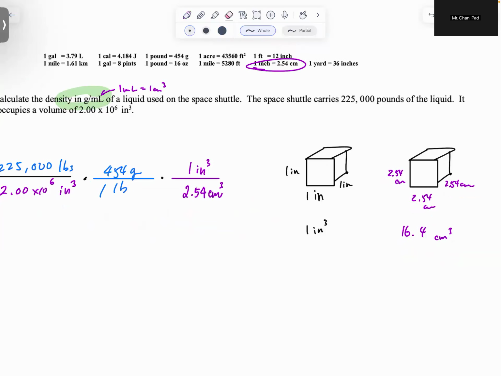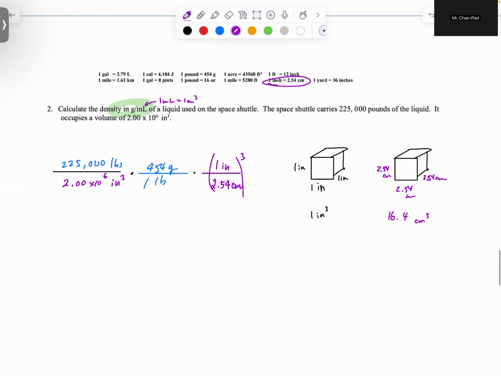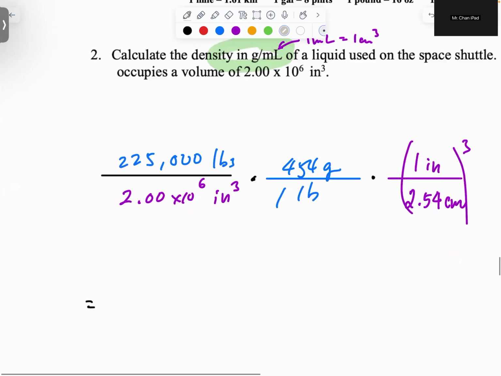So what's a better way to address this? You can simply do this. Just draw a gigantic pair of parentheses and cube it. And then we say, all right, let's go ahead and compute. 2 times 10 to the 6th power. In this case, when you type into your calculator, this is just 2e6. Lovely. You don't even have to use parentheses.